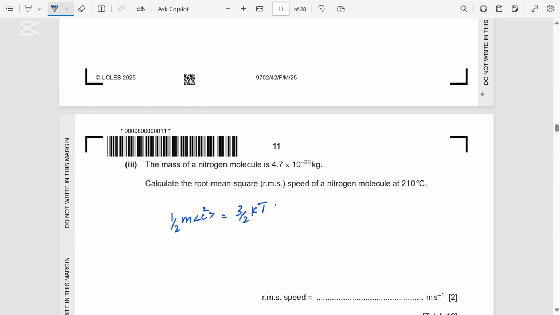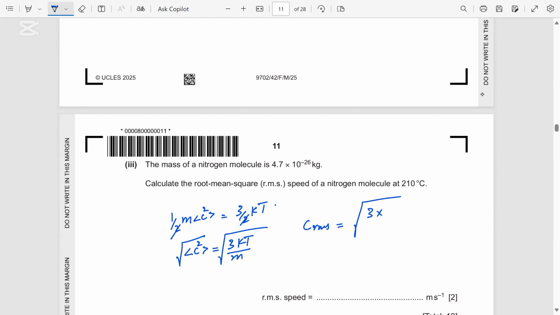In order to calculate the RMS speed, this 2 is going to cancel with this one. C squared average is 3kT over m. And you're going to take the square root on both sides. C RMS is the square root of 3kT over m.